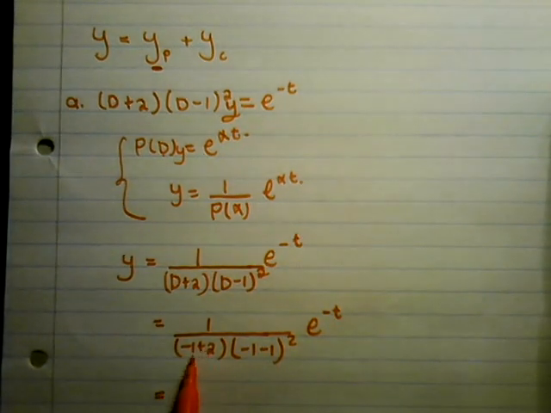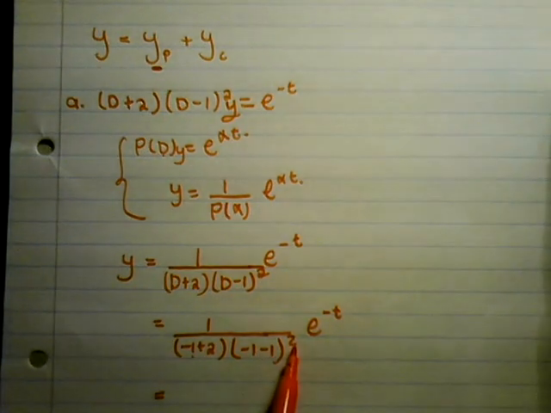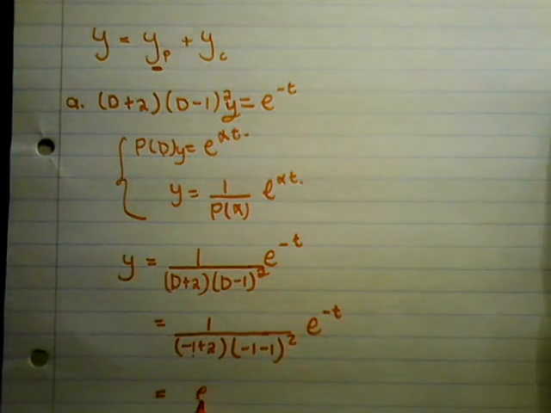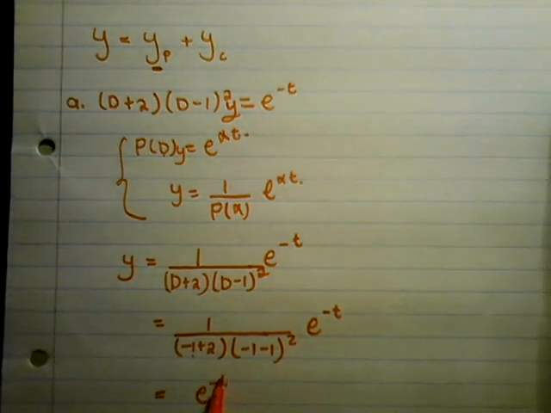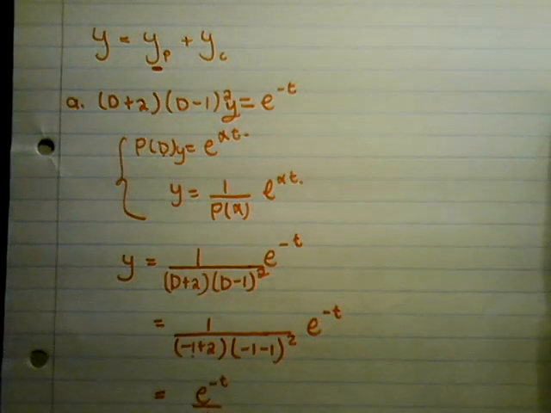When we add this, we get 1, and when we add this and square it, we get positive 4. So our solution is e to the power minus t over 4.